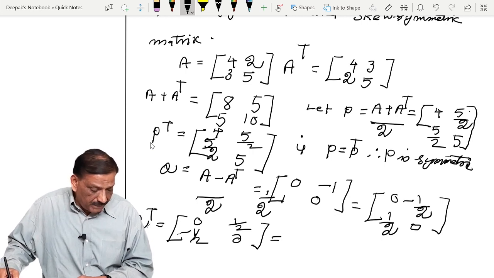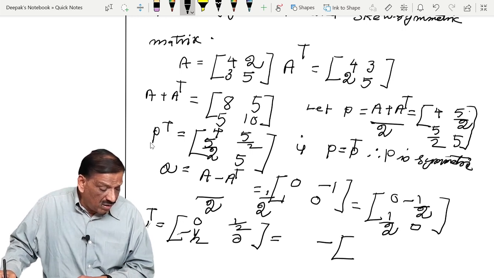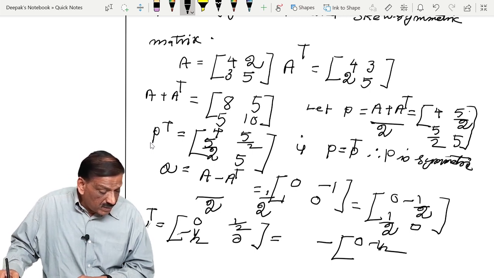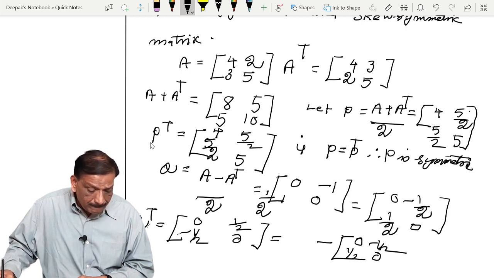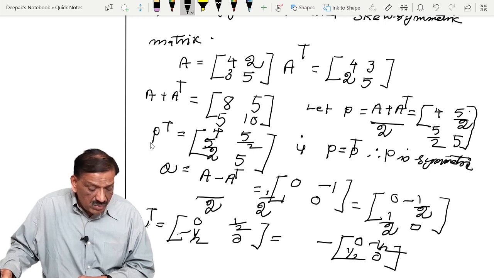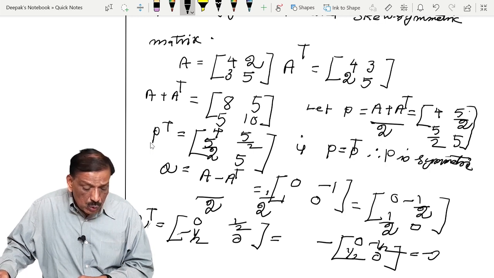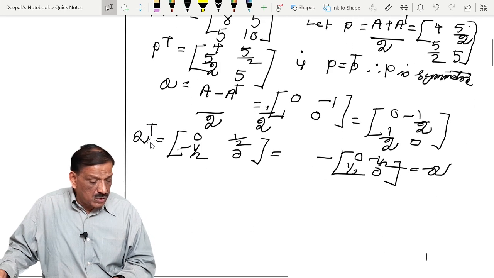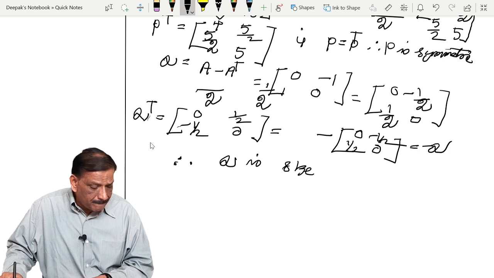Take minus outside, that is minus of 0, minus 1 by 2, 1 by 2, 0, that is equal to minus Q. So Q transpose equal to minus Q. Therefore, Q is skew symmetric.